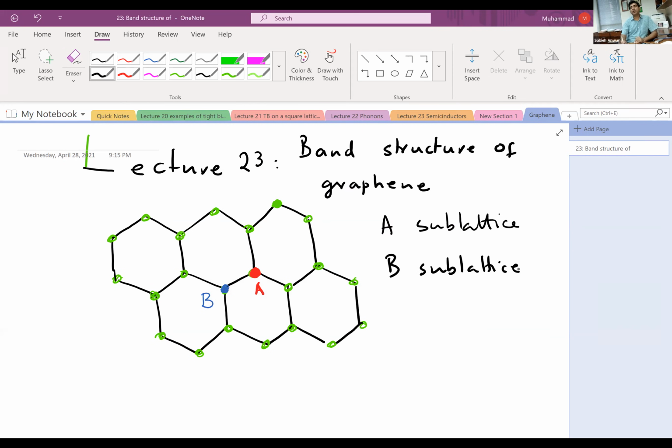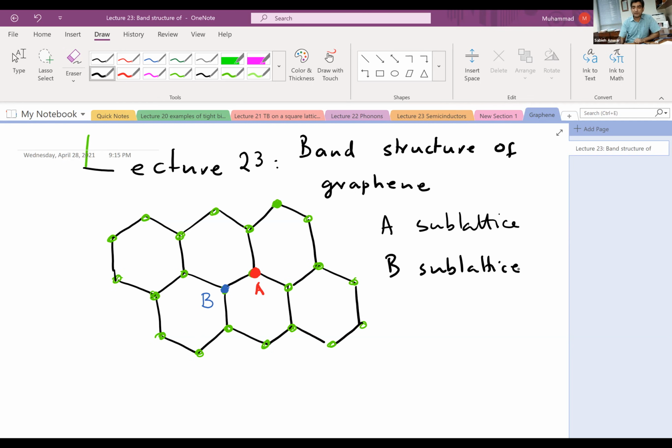And the structure is formed by the interpenetration of these 2 substructures. And I have to look at the environment of A differently from the environment of B. Even though the atoms on A and B have the same self energies, they are absolutely identical. Both of them are carbon atoms.